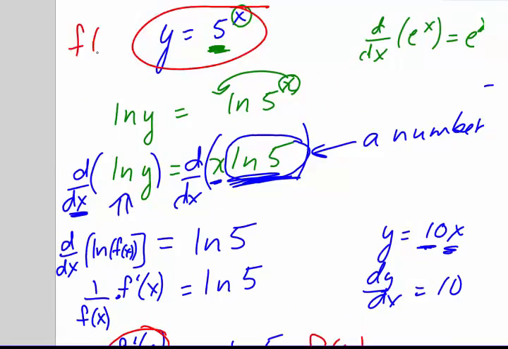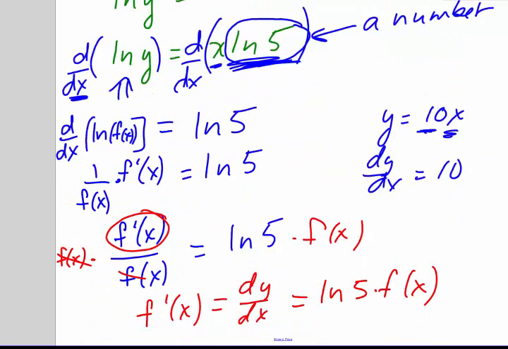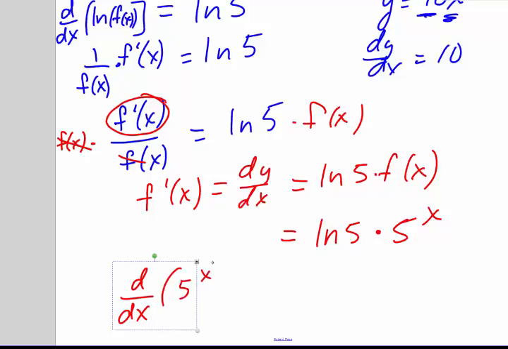Remember, we could say f of x is the same as y, which equals 5 to the x. So let's go ahead and plug that in. So we have dy dx is going to equal ln 5 times 5 to the x. So what we've just figured out is that if you have the derivative of 5 to the x, that's going to give you ln 5 times what we started with. Okay?